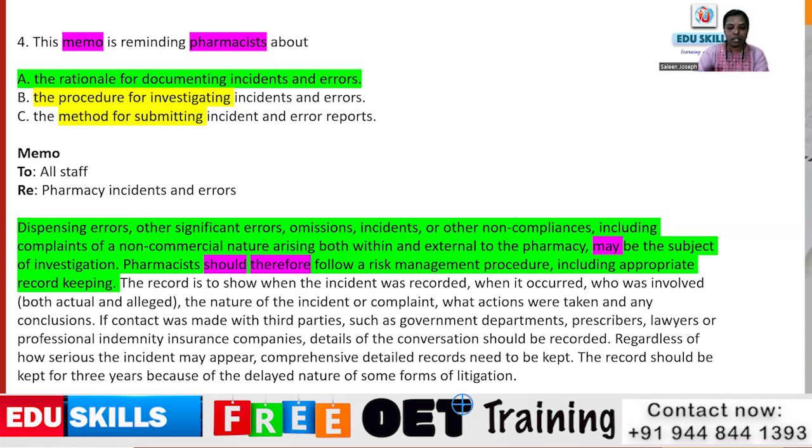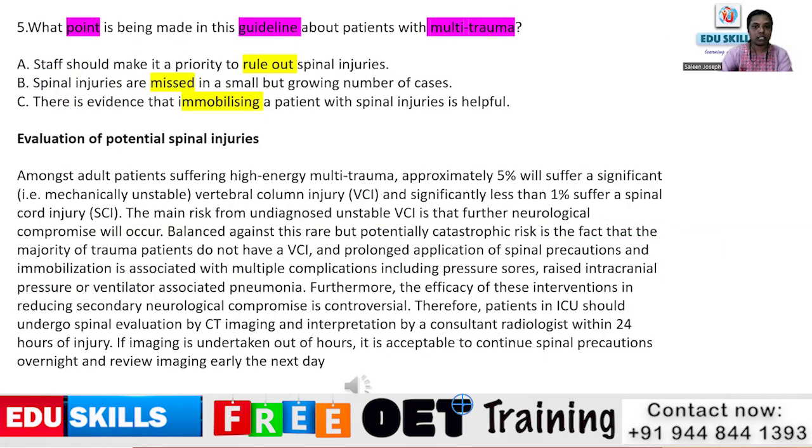Now, next question number 5. What point is being made in this guideline about patients with multi-trauma? What is the point exactly they're stressing in this guideline?